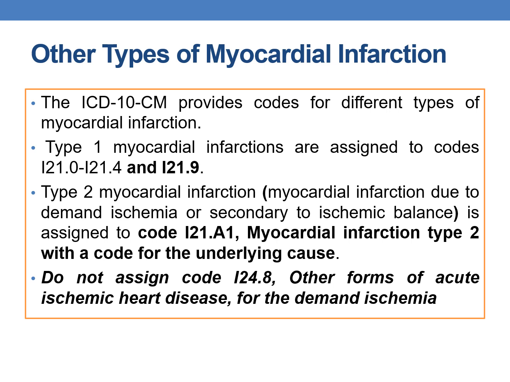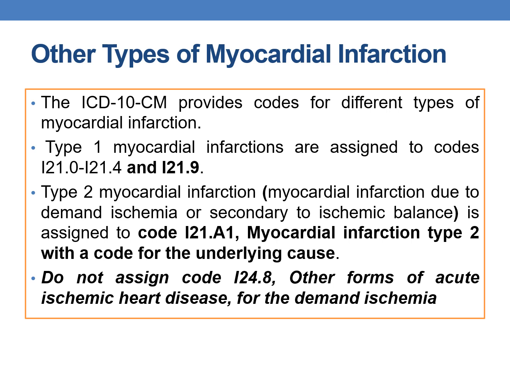We will make a separate video on the individual codes for the different types of myocardial infarction. As of now, type 2 myocardial infarction deals with infarction due to demand ischemia or secondary to ischemic imbalance. It must be assigned from the code I21.A1.